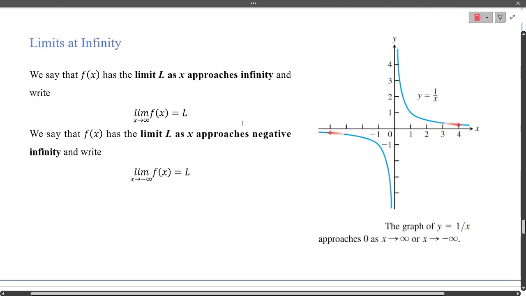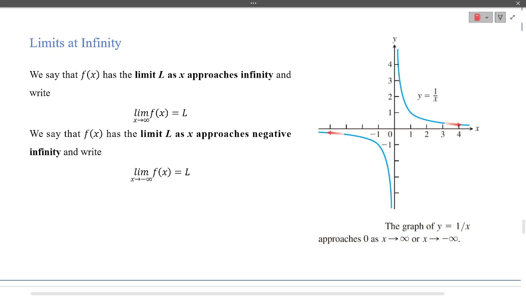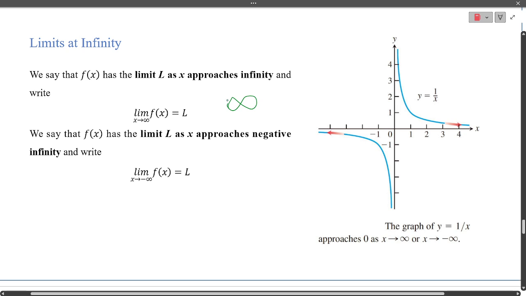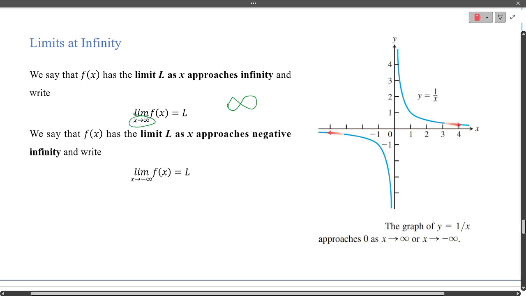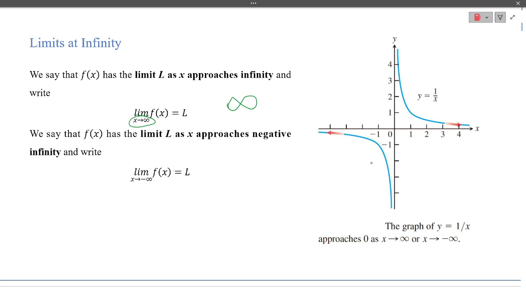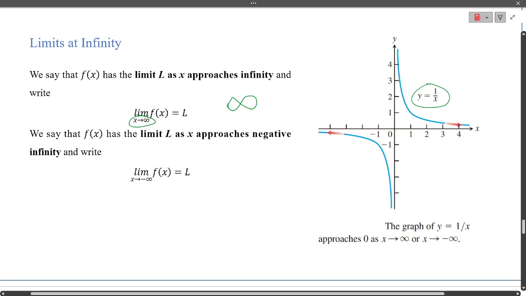And finally, let's discuss the symbol for infinity. It's important to know that infinity is not a number, but a concept used to describe the behavior of functions. The first scenario where we can use infinity is with the variable x. For example, x can approach infinity. Consider the function 1 over x. As x approaches positive infinity, y approaches 0.